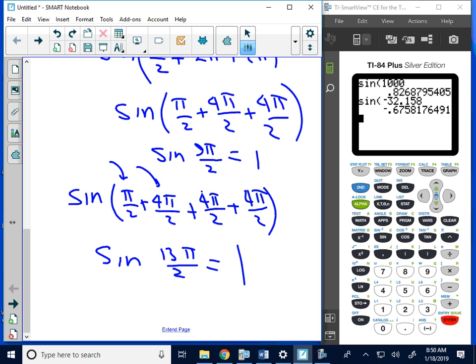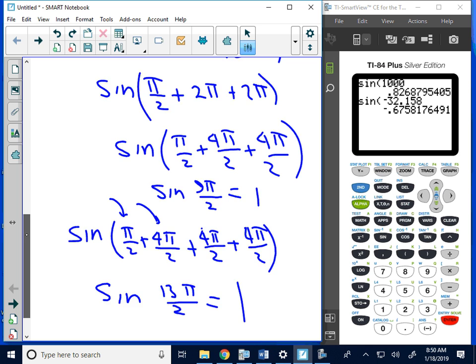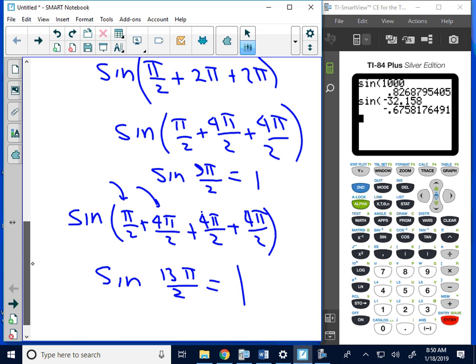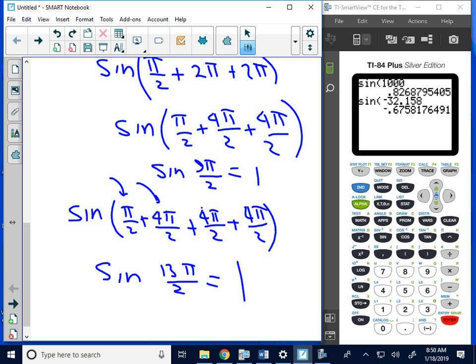Now, the thought process here is, if I can figure out how many full rotations are in here and take those away, then I know where I am. I'm either going to be at the top or the bottom. So how might I do that? Any ideas? The sine of 9 pi over 2 is exactly the same as the sine of 1 pi over 2.